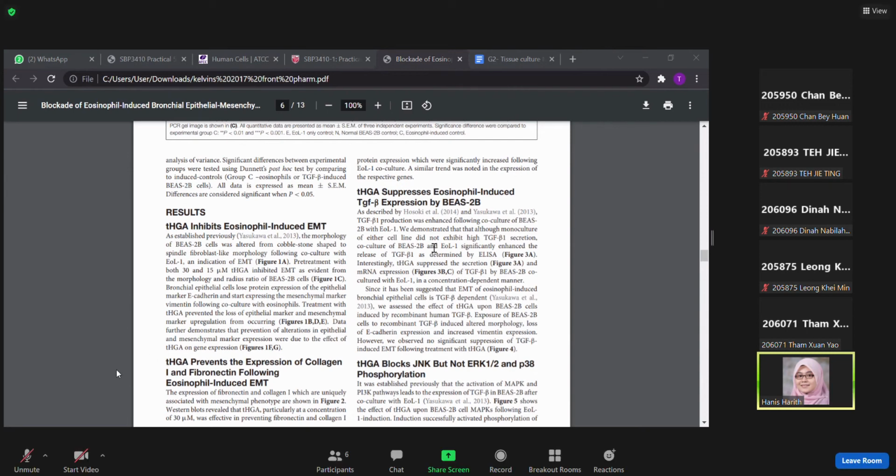For example, if you just use BS2B cells alone without induction, or you use the wrong inducer, it's not able to address your objective. Here, they show that when the BS2B cells are induced with eosinophils, you get EMT. So the model can be used to address their research objective, which is to study the effects of THGA on EMT. Okay?